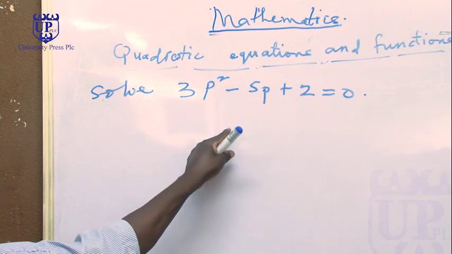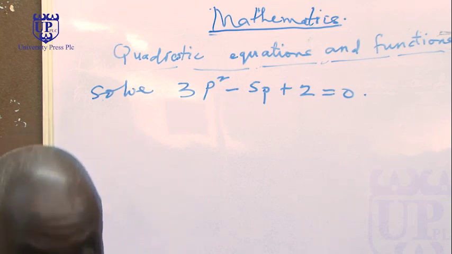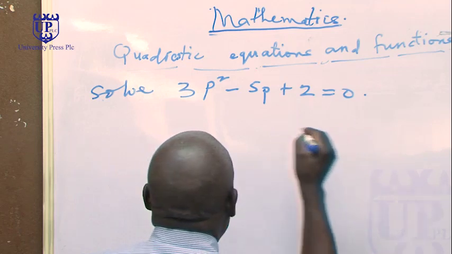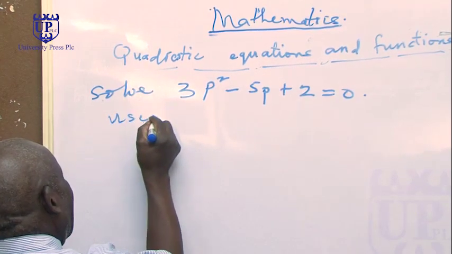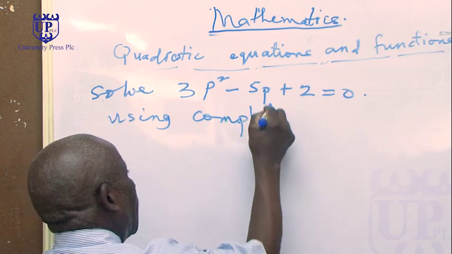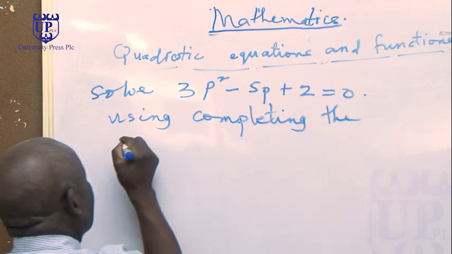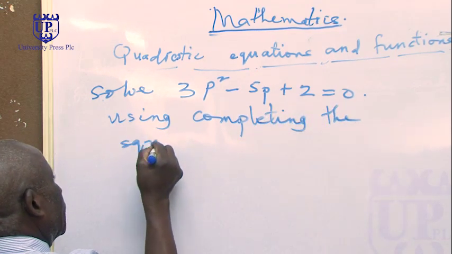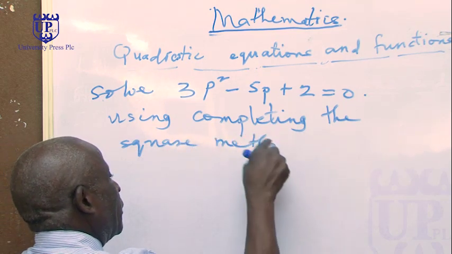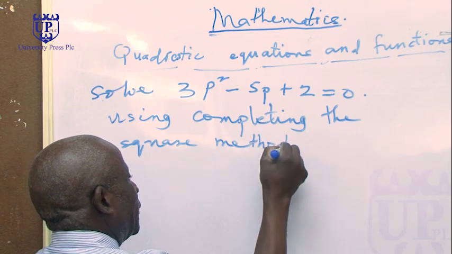You are not supposed to use the formula, and you are not supposed to use the graphical method. The method you are supposed to use is specified.